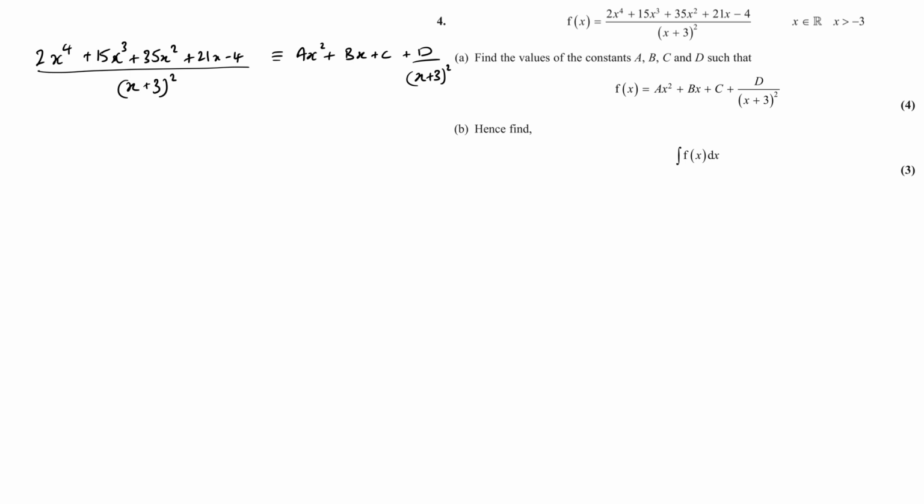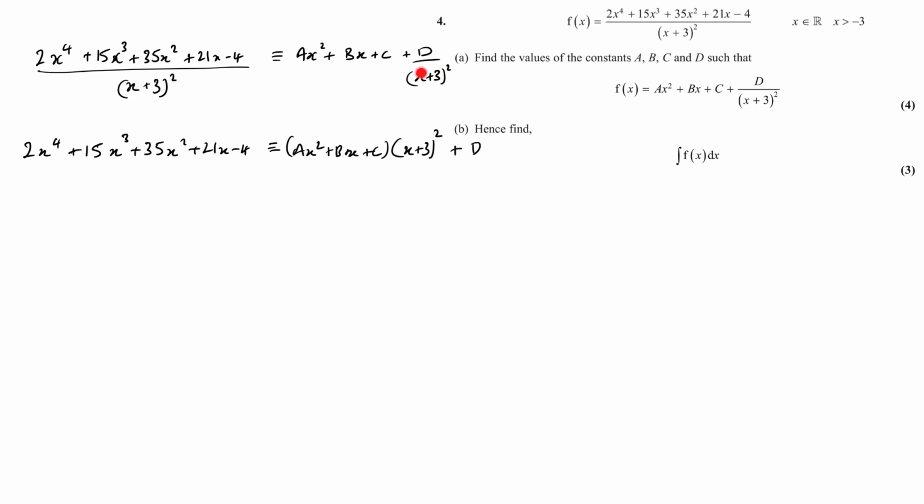So if you think about it, if I multiply by the x plus 3 squared, the bit that's on the bottom on the left hand side of my equivalent sign, I get this, and then on the right I get ax squared plus bx plus c times x plus 3 squared plus d.